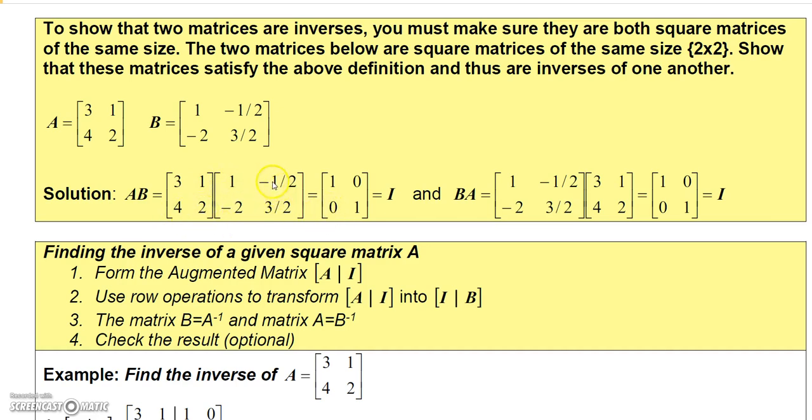And then this row with the second column would give me minus 2 plus 3, which is 1. So that gives me the 2 by 2 identity. And I'll let you check it the other way. If you multiply B times A, you should also get the 2 by 2 identity. So since the product of these two matrices does yield the 2 by 2 identity, we know that these two matrices must be inverses of one another.